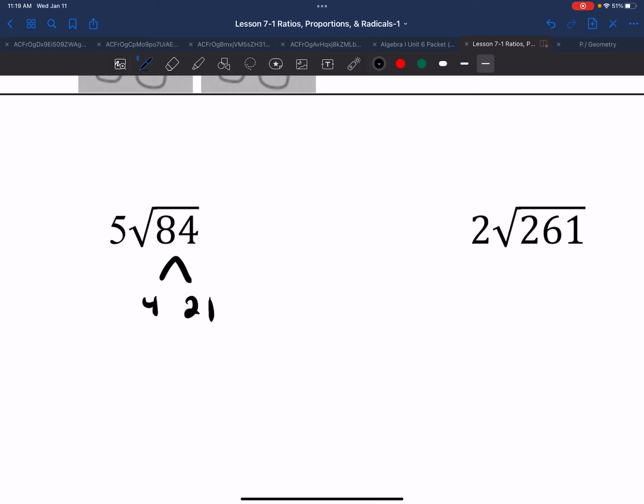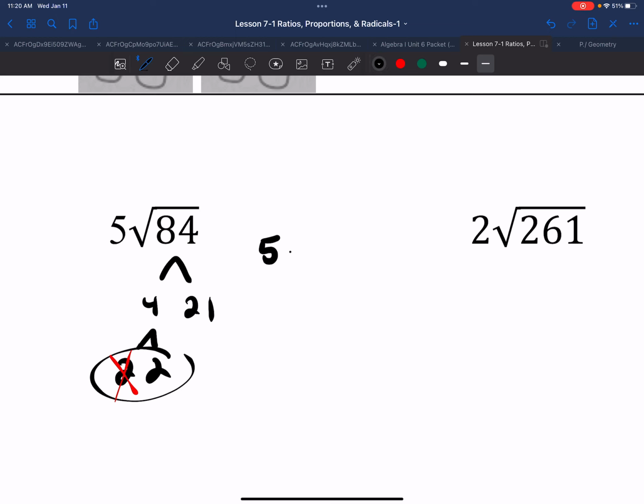I can go ahead and break down the 4. I have 2 and 2, and then that's a pair. I'm going to eliminate the 2, and it's going to go outside of the radical, and it's going to be with the 5.